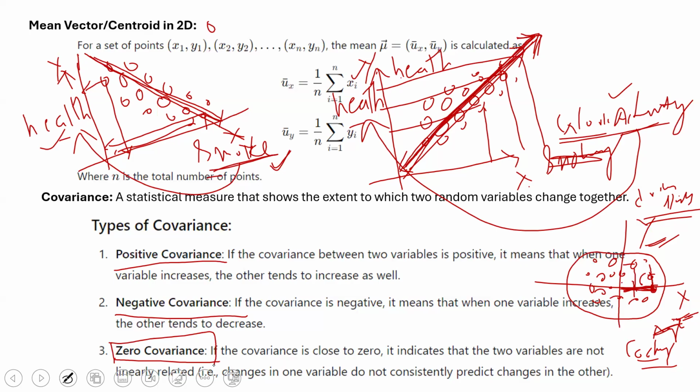So the impact of one random variable, or the impact of one action, on the other action, and whether it is impacting it in the positive direction or negative direction, is what covariance basically studies.